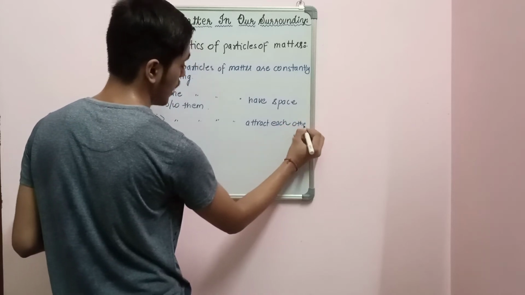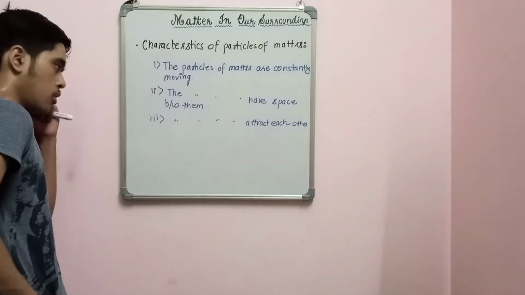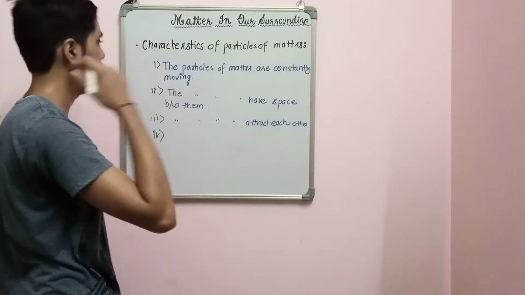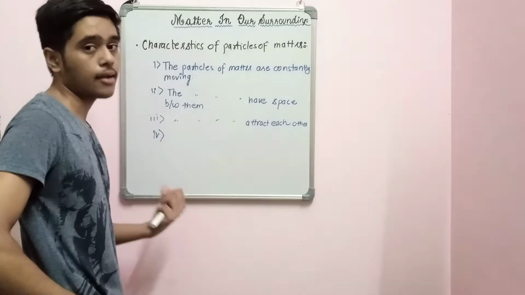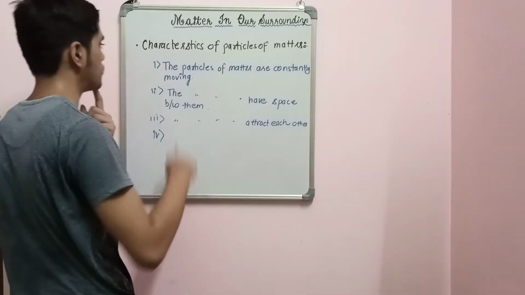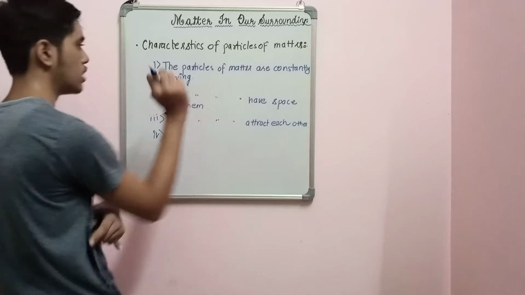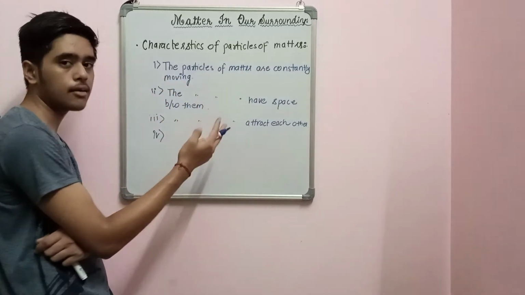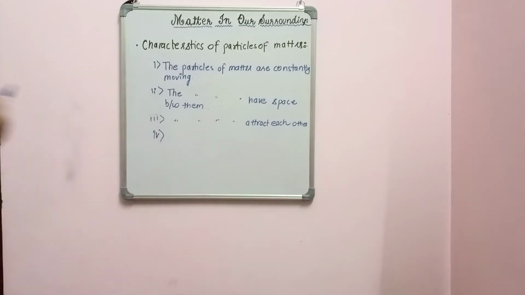And the fourth is that they have space, they are moving and they attract each other. I'm forgetting something. The particles of matter are constantly moving, they have space between them, and they attract each other. And yes, there are only 3 characteristics, right?